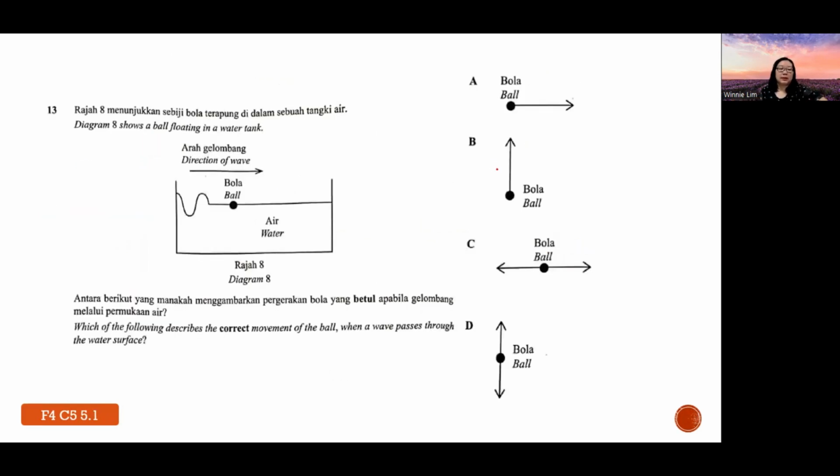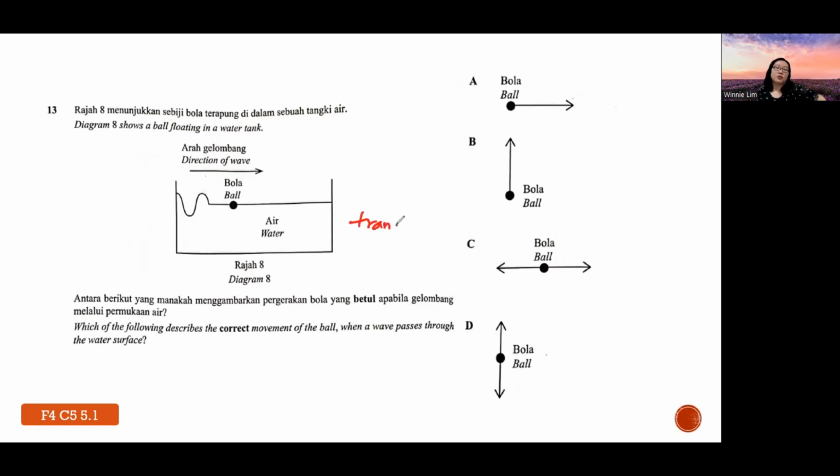Number 13 is on the wave topic. Diagram X shows a ball floating in a water tank. Which of the following describes the correct movement of the ball when the wave passes through the water surface? So as you know, water wave is a transverse wave, okay?